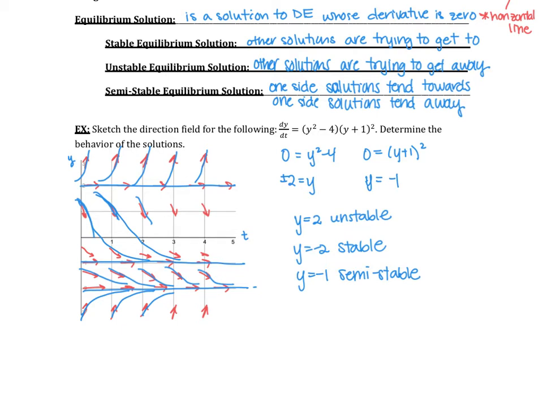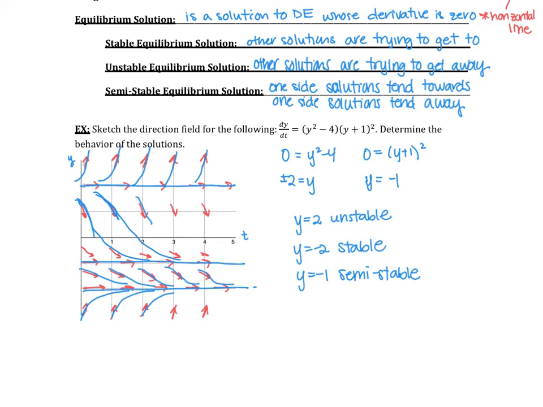Now, when we get into higher dimensions of differential equations, we might call the solutions that are nearby this stable equilibrium, which was negative 2, a sink. And if you picture it in 3-space, if everything's tending towards a point, you might visualize it all going down almost like a drain, like everything's going down a drain.